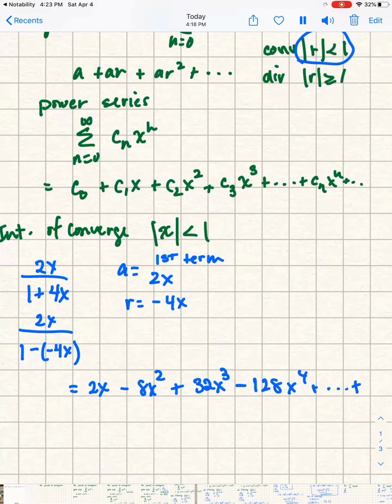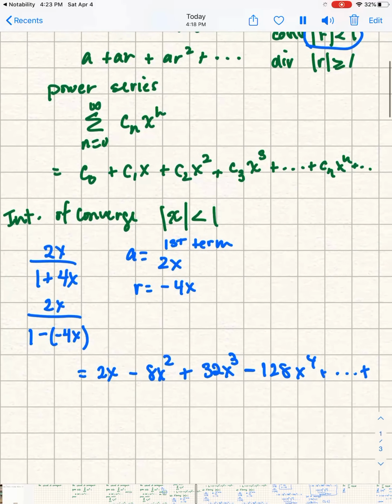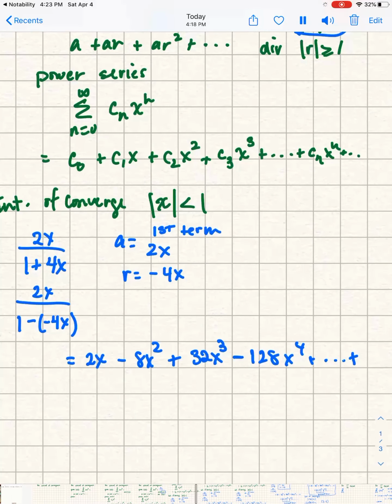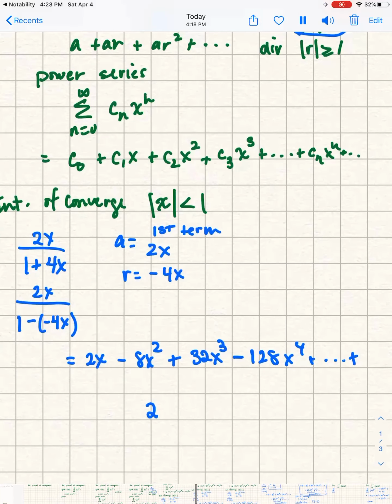Now, if you have to come up with a general form of it, if you know your first term is going to be 2x, and you can see that we're just multiplying by 4 every time, you could have the 2 out in front, x to the n plus 1 power.